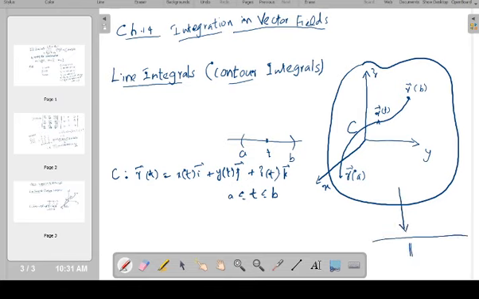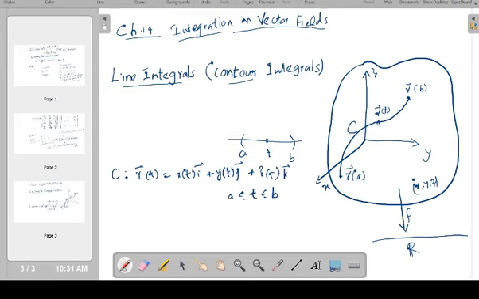So this is the real line and f. If x comma y comma z is a point here, then what is the value of f at this point? It is f of x comma y comma z. Okay.